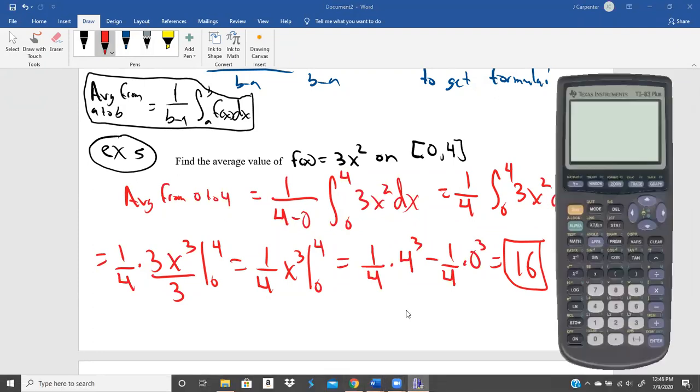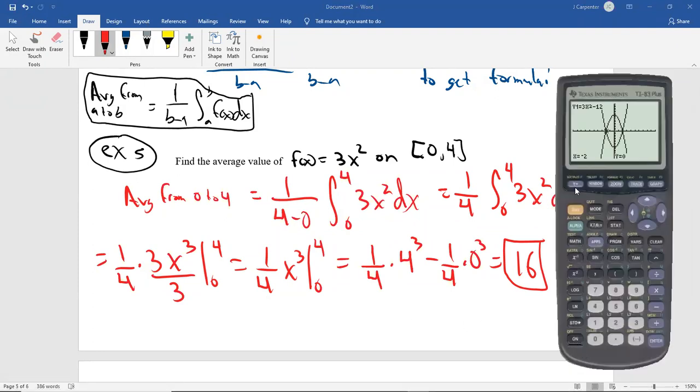Let's graph that function. What was it, 3x squared. We're going from 0 to 4. Let's just do the window, x min 0, x max 4. And we don't have enough of that, so let's change the y window. We don't need any negatives.